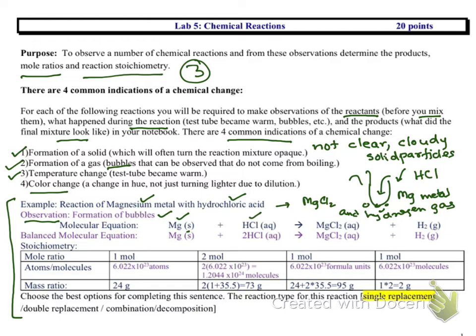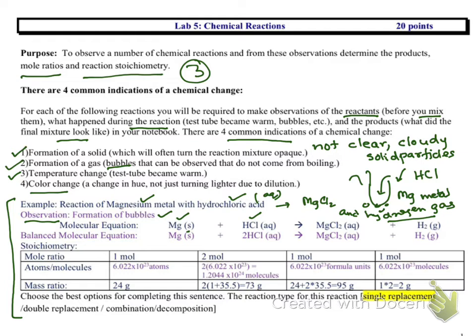Hydrochloric acid formula is HCl, aqueous. All acids are aqueous. To form magnesium chloride. I'm expecting students to know the formula for magnesium chloride, because we learned in chapter 3 how to name the ionic compounds. And hydrogen gas, again, hydrogen is one of those 7 elements that exist in diatomic form.